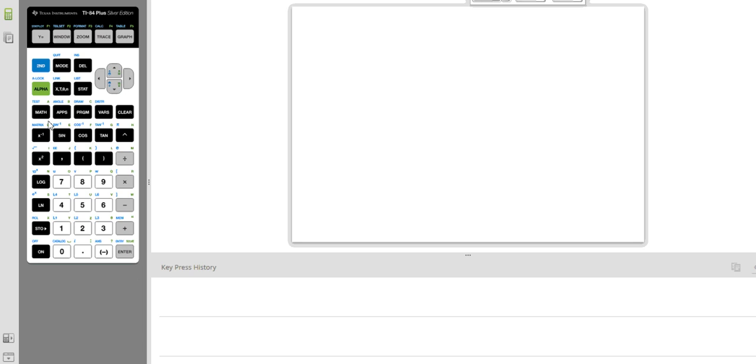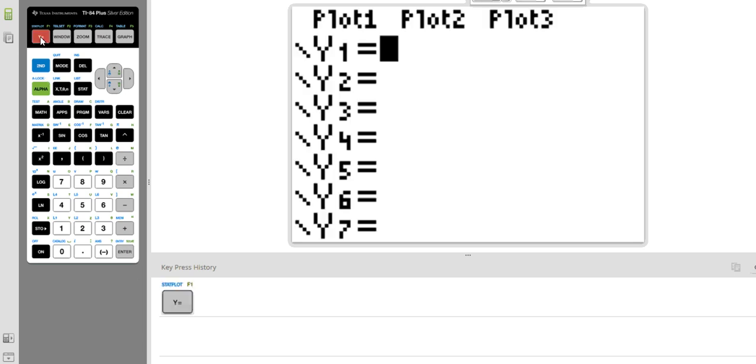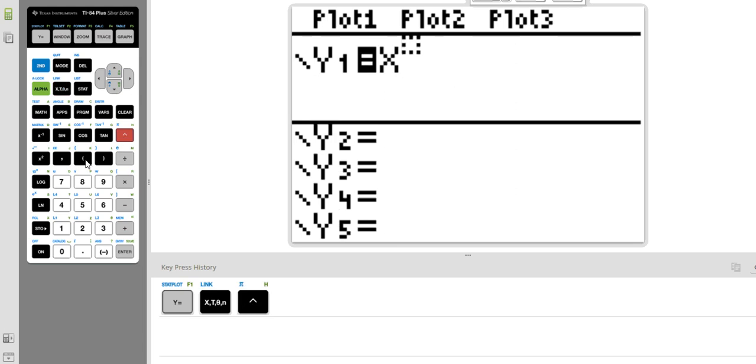And so we're at y equals, and it's going to be x raised to the, and if you have a newer calculator where it gives that little box, you don't have to put it in parentheses, but this is 5 divided by 4, and then I think it's going to be a standard viewing window.